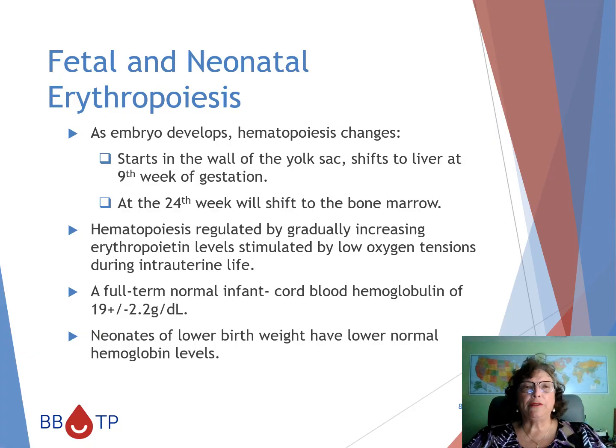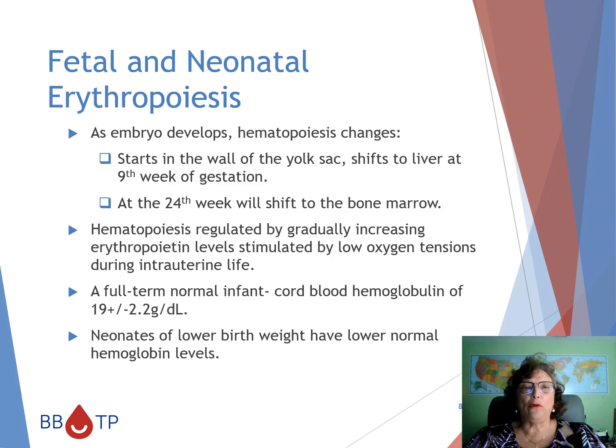For us to have an understanding of how the premature infant has the anemia, we need to have an understanding of the fetal and the neonatal erythropoiesis. So as an embryo starts, the hemopoiesis actually starts at the yolk sac. And then after 9 weeks of gestation, it will shift to the liver.